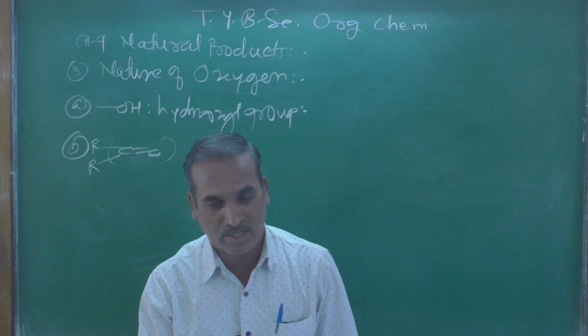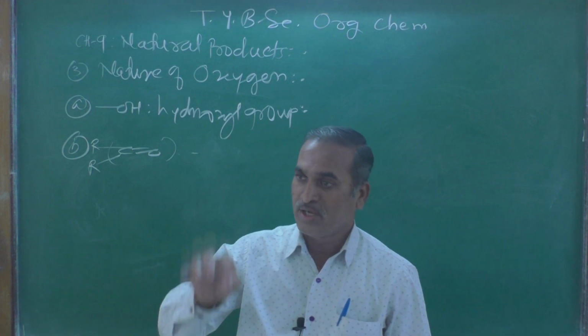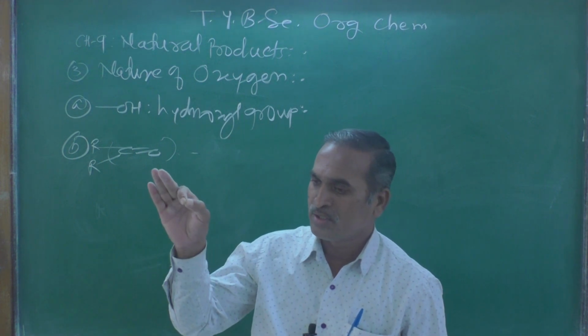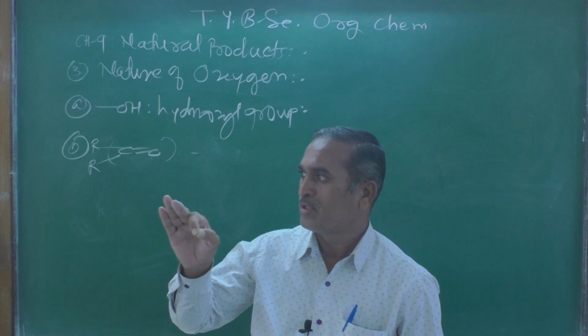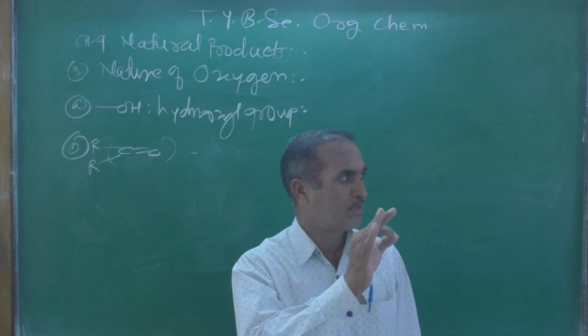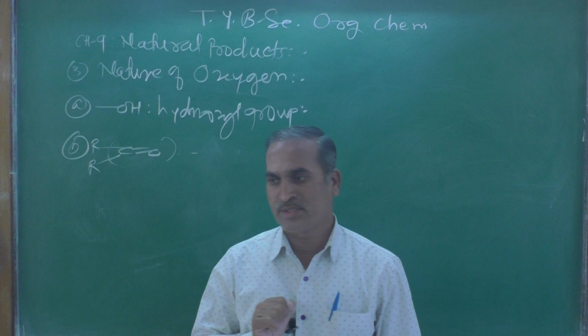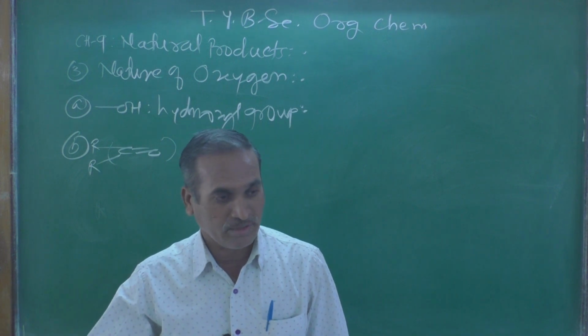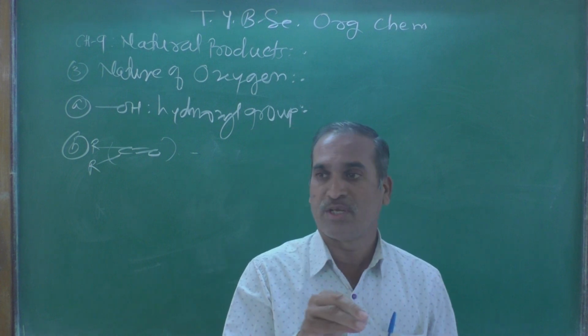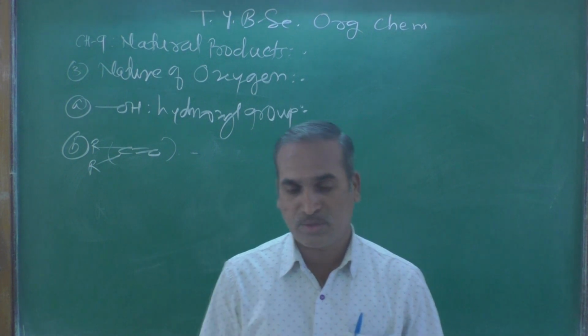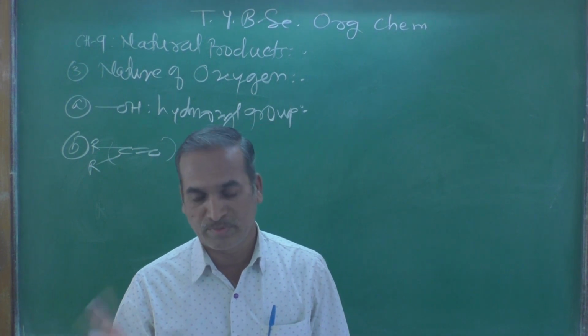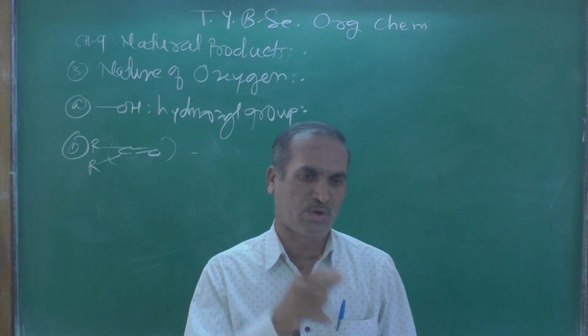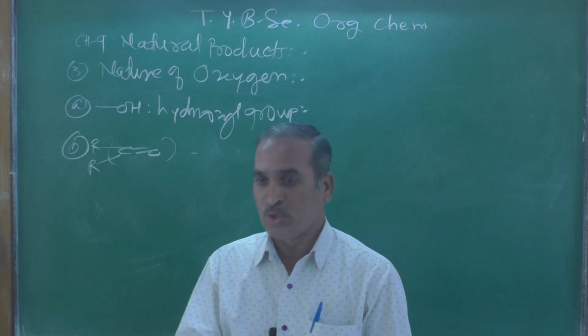There is one test we already learned under the terpenoids section, I think 3.5 somewhere, where we distinguished aldehyde from ketone. Suppose we don't know whether it is an aldehyde or a ketone, do that one test.